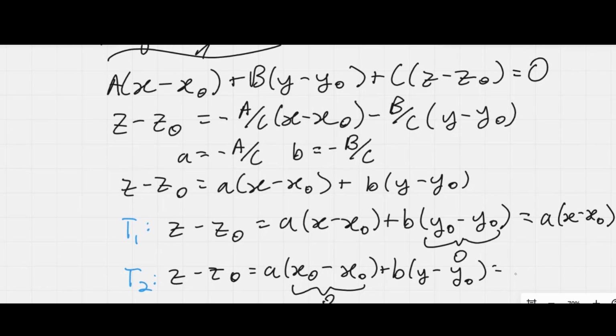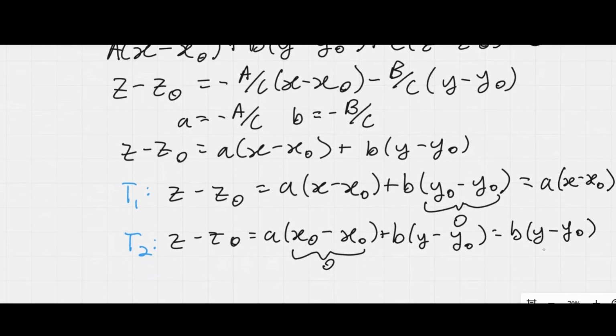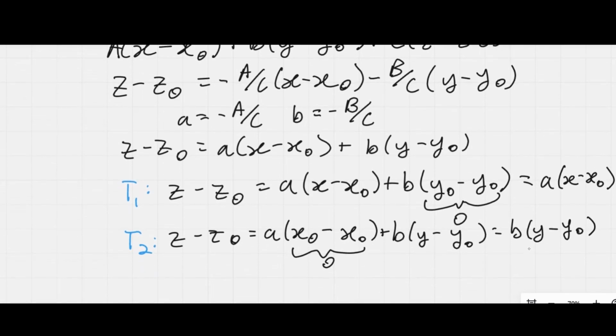Therefore, it is equivalent to simply b(y minus y naught). All right. So we have two simplified equations that represent both tangent number 1 and tangent number 2 of the above surface. And so we notice that this kind of looks much like point slope form.